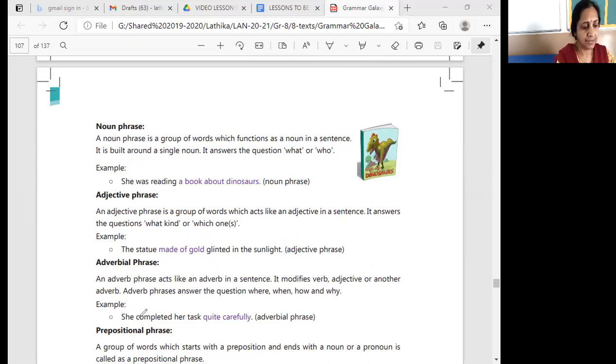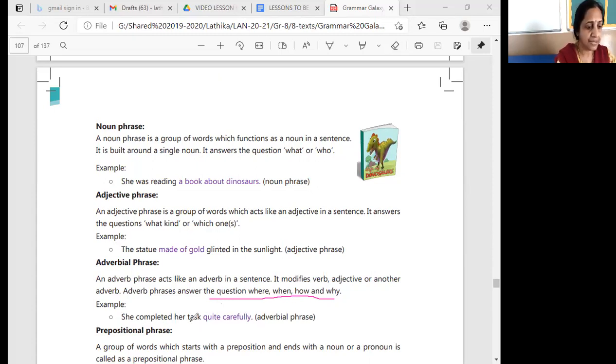Another example is the adverbial phrase, which acts like an adverb in the sentence and answers the questions when, where, how, why. When we did adverbs, we learned there are different kinds of adverbs: adverb of manner, place, time. The same way, these phrases act as an adverb.